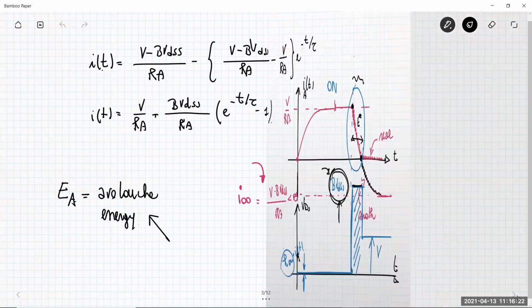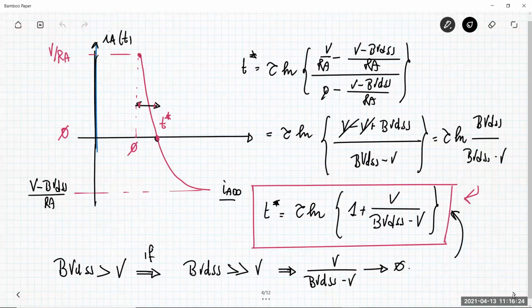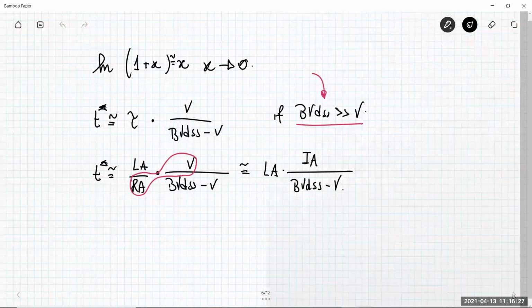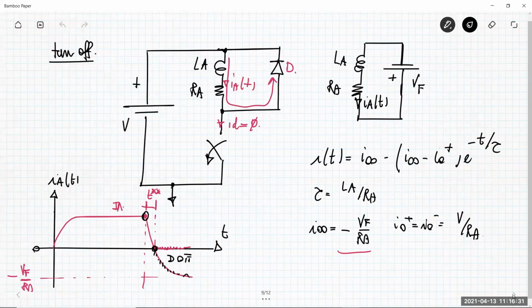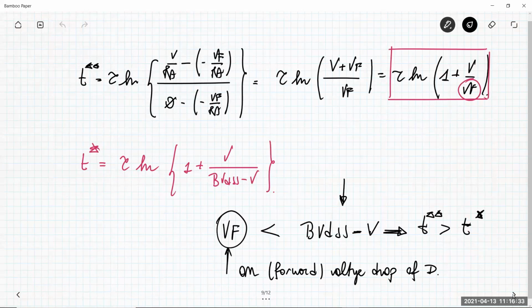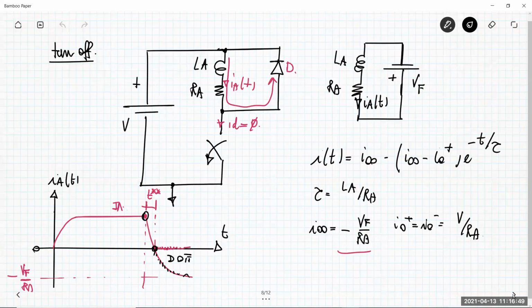Because, as I said before, it depends on this difference here. When you are at the turn off, the phase of your stepper motor is subjected to a negative voltage, which is VF, the small voltage drop of the diode when on.